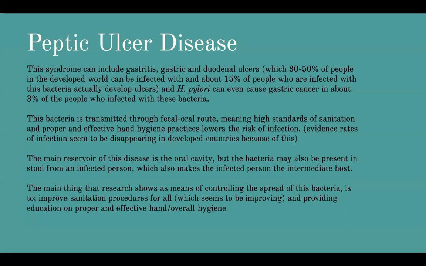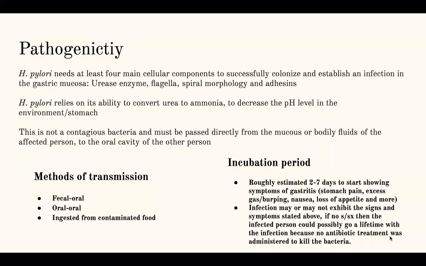The bacteria may also be present in stool from an infected person, which also makes the infected person the intermediate host. The main thing that research shows as means of controlling the spread of this bacteria is to improve sanitation procedures for all, which seems to be improving, and providing education on proper and effective hand and overall hygiene.